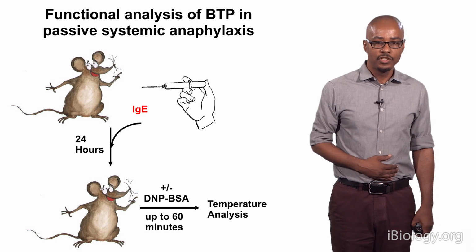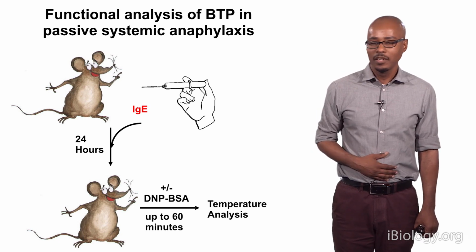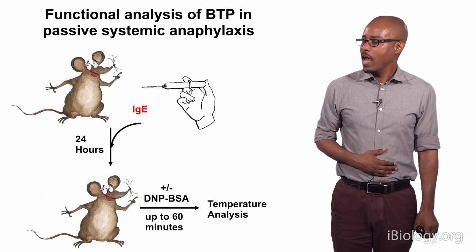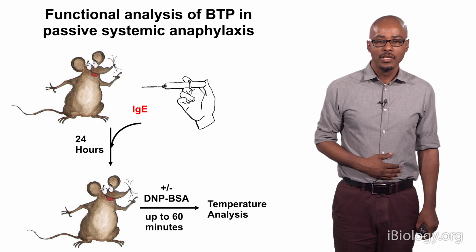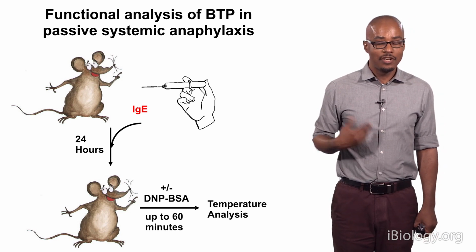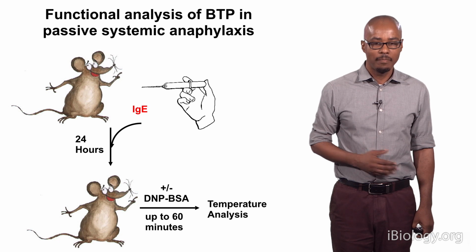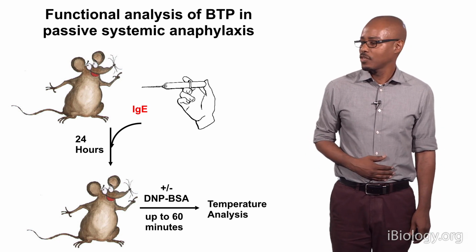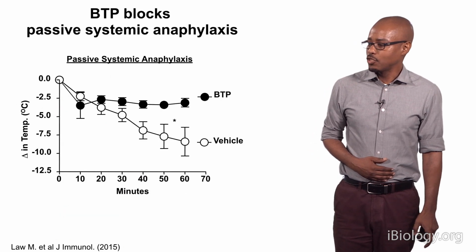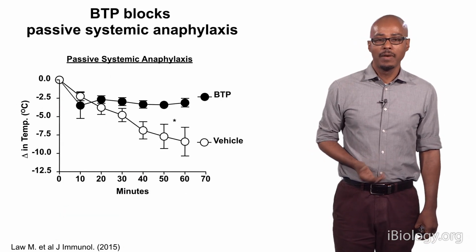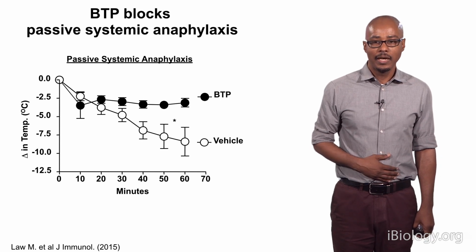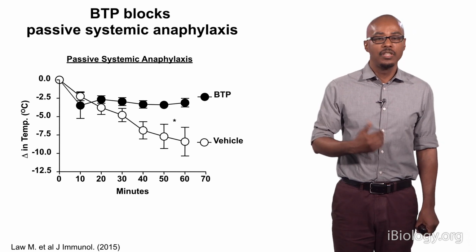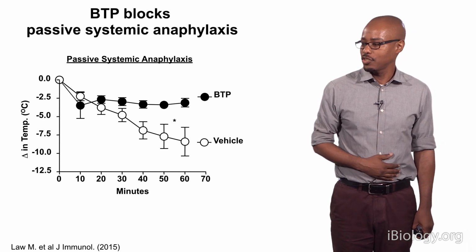The other thing we wanted to do is determine whether this mast cell effect would lead to differences in temperature. One of the things that happens when you expose mice to IgE and the allergen is they actually lose body temperature. And we can measure that body temperature over time in the presence or absence of BTP. In that experiment, we injected the mice with IgE, and an hour before we gave them the allergen, we gave them BTP, and then we measured the temperature changes that occurred.